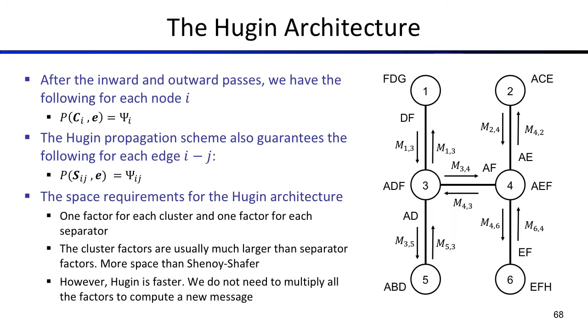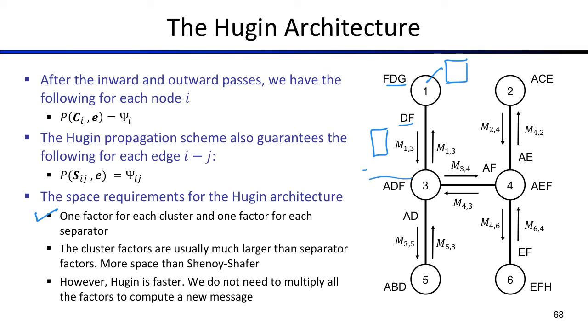So the Hugin architecture will store one factor for each cluster and one factor for each separator. So we can imagine that we'll have one factor here that is reserved to store, it's going to be over the variables f, d, g over there. There will be just one factor here that's going to be smaller, just over variables d and f.